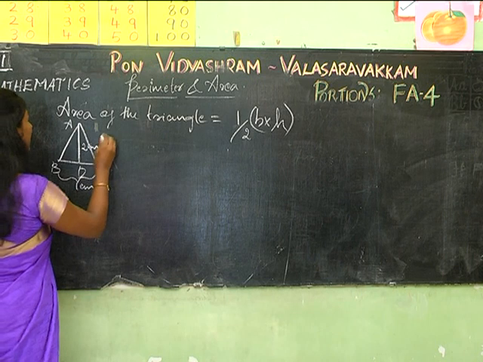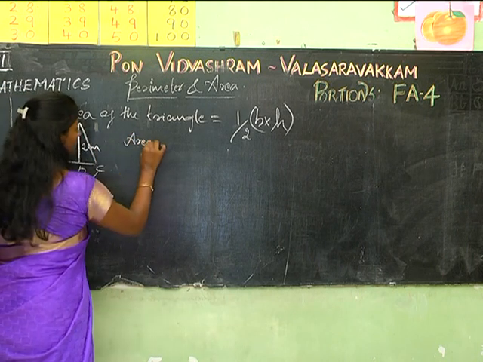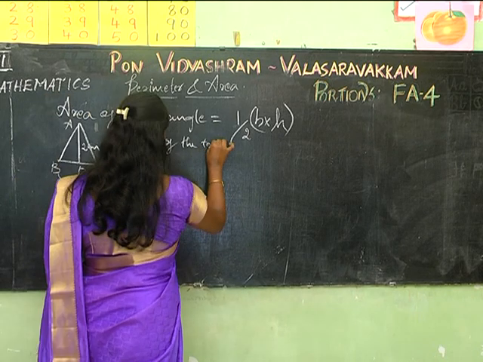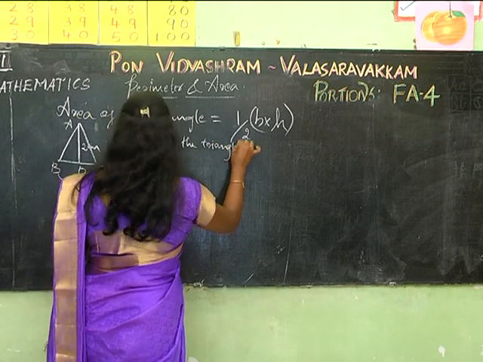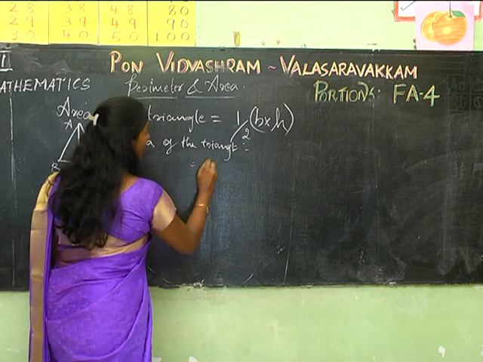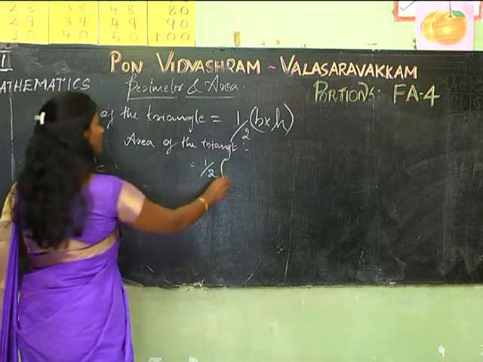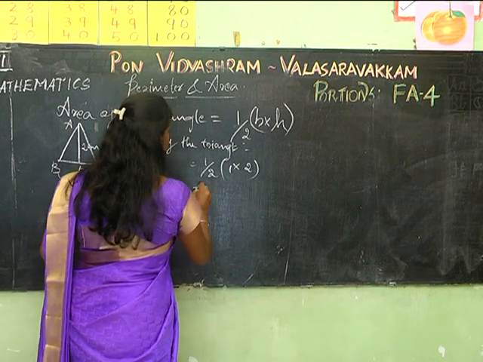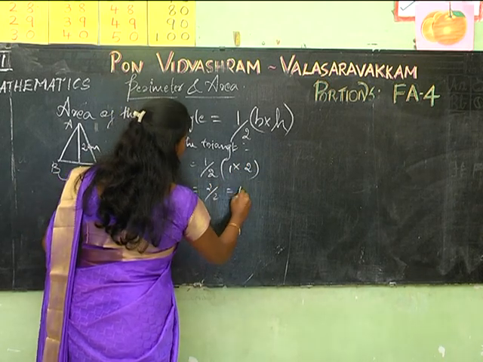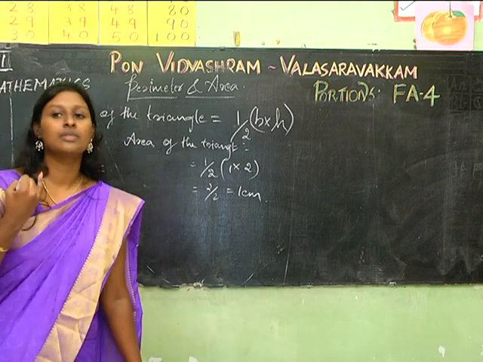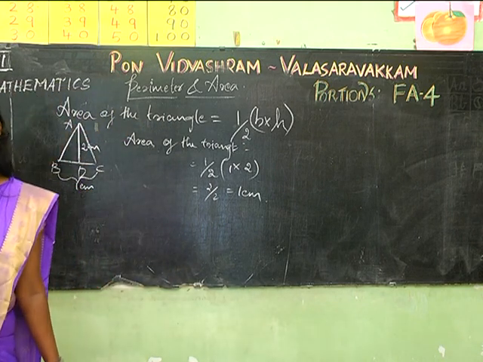So in order to find the area of the triangle, half into base, which is 1 centimeter, into height, which is 2 centimeters. Therefore, 2 by 2 is nothing but 1 centimeter square. So we have seen the area formula for the parallelogram and the triangles.